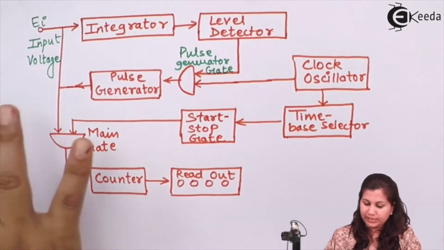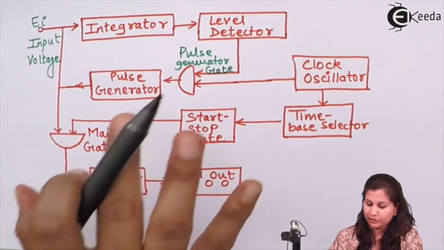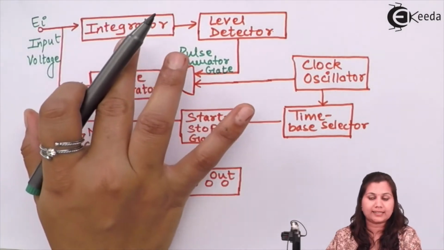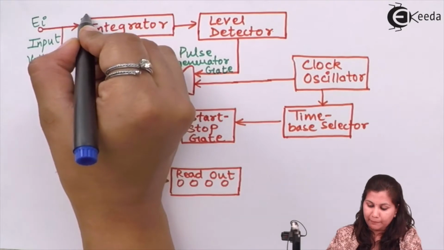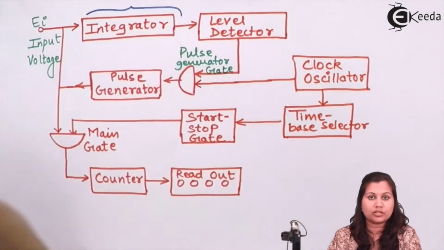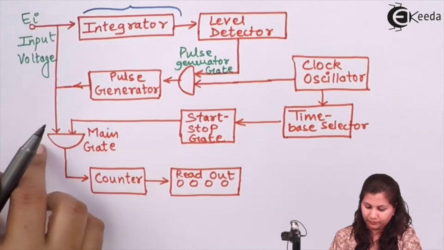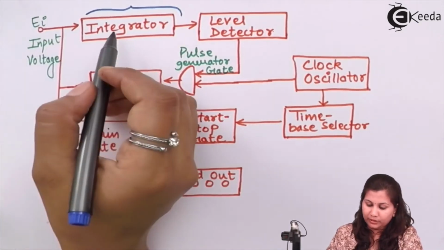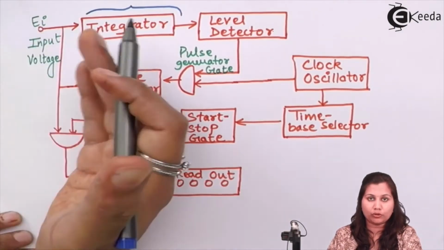Now, the heart of this technique of this integrating type DVM is the operational amplifier, which is acting as the integrator. So, this integrator is the main part of the digital voltmeter. Here the input of the integrator is the input voltage which we want to measure.